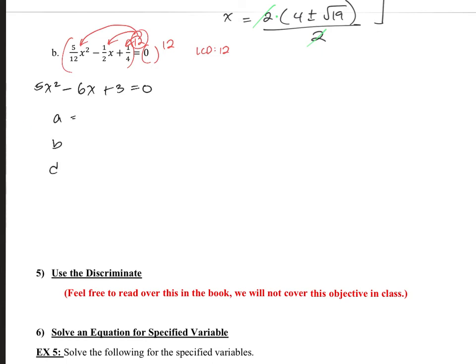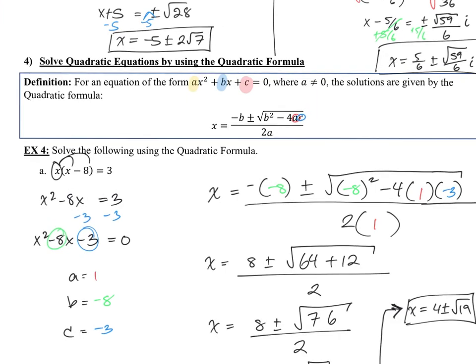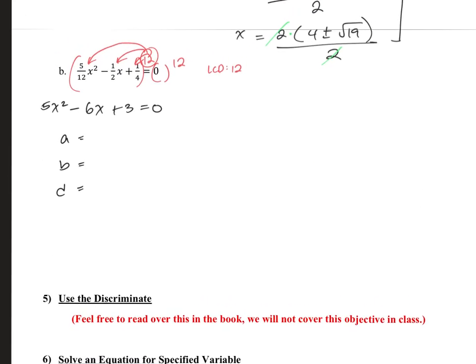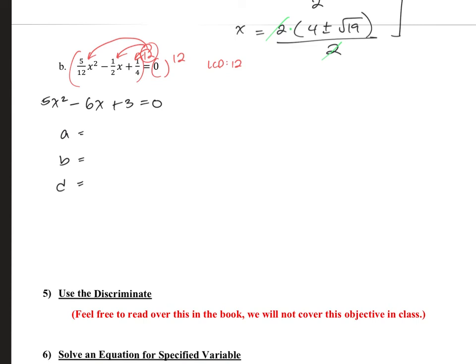Okay, so why did I cancel the fractions? Well, can you imagine plugging fractions into that quadratic formula? That would look pretty hideous, plugging fractions into there. So if you can get rid of them, that'd be a good plan. Well, a is 5, b is negative 6, and c is 3.